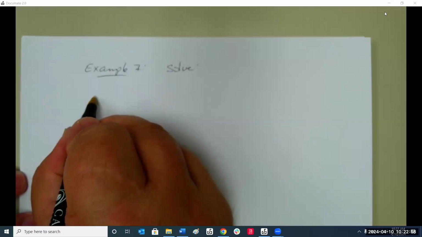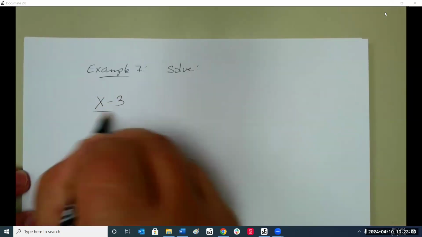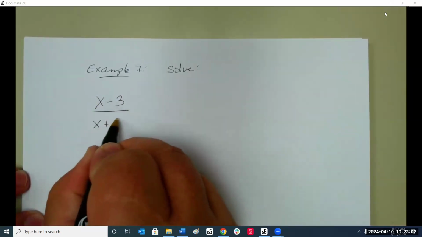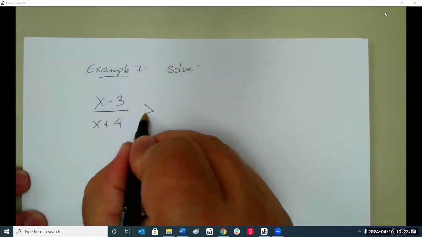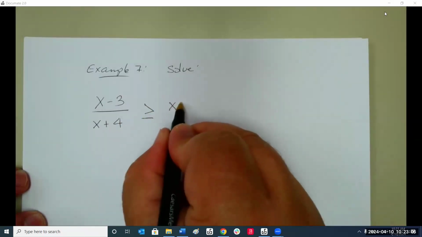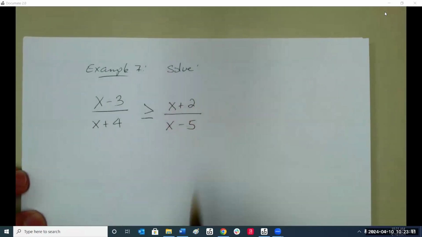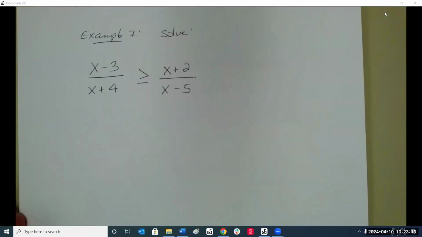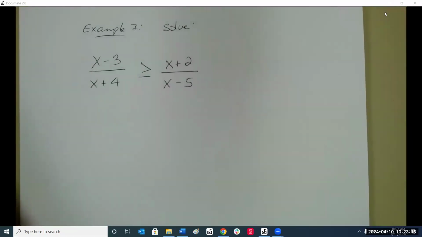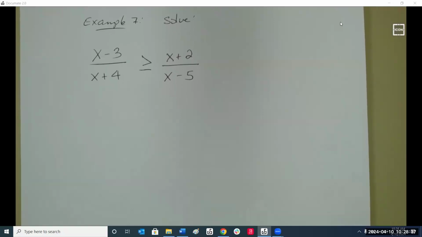Solve (x minus 3)/(x plus 4) is greater than or equal to (x plus 2)/(x minus 5). First step. Does it matter which one you move over?